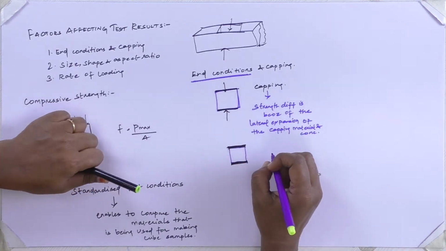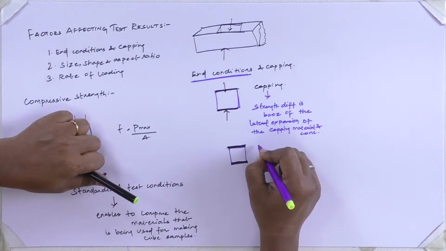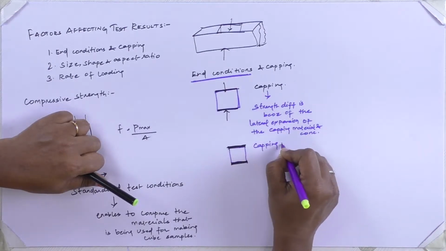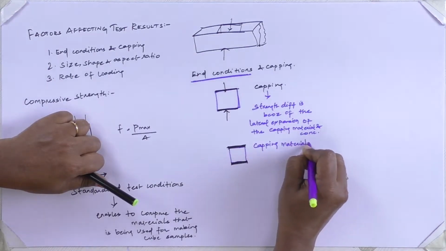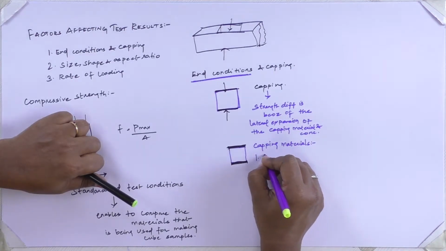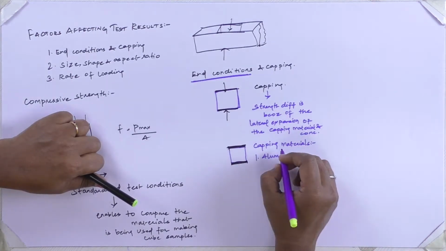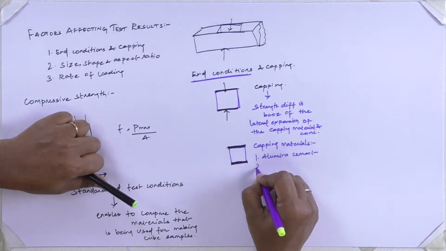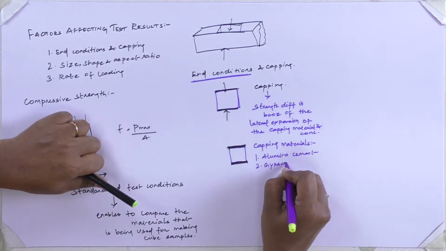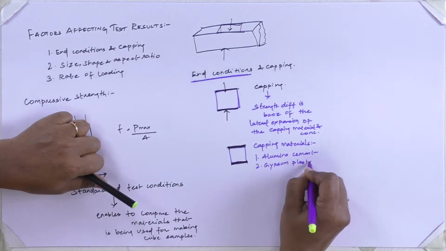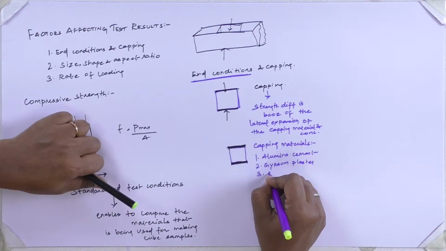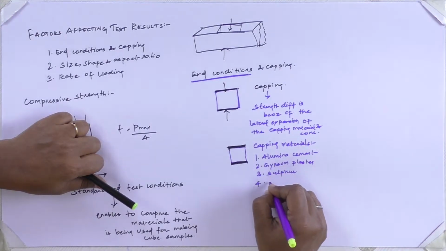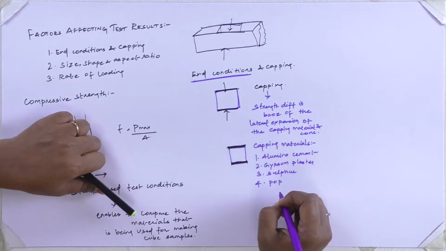The different capping materials which are available are alumina, cement, gypsum, plaster, sulfur, plaster of Paris.